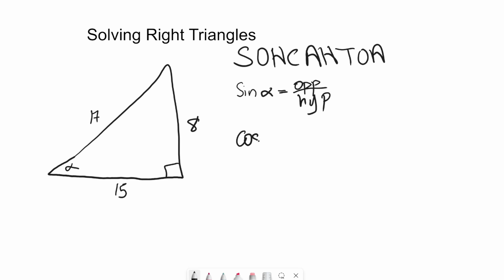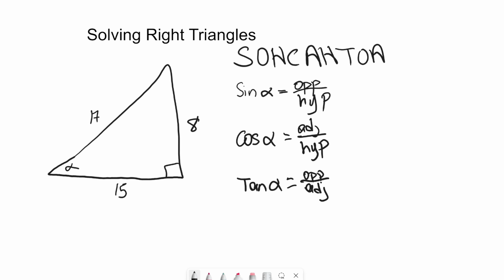And then cosine of alpha is going to be adjacent over hypotenuse. And then the last one we looked at was tan. Tan of alpha is going to be opposite over adjacent. Now, when we're told to solve a right triangle or to find these trig ratios, this is what we're going to need to know. Okay?